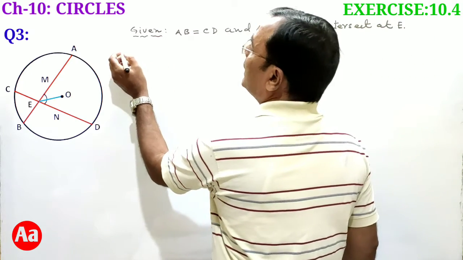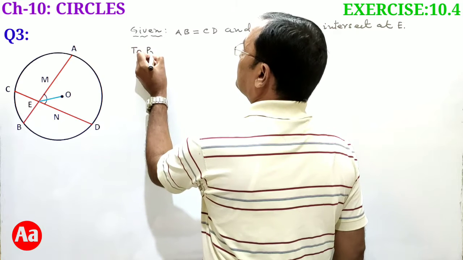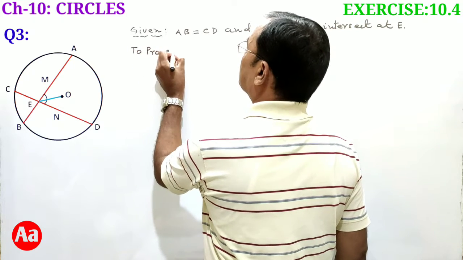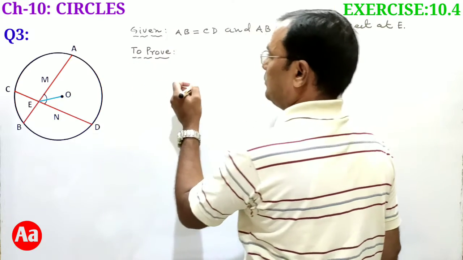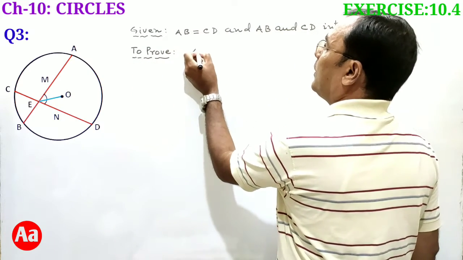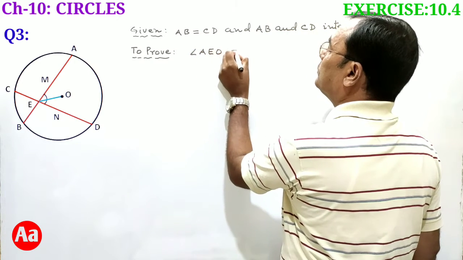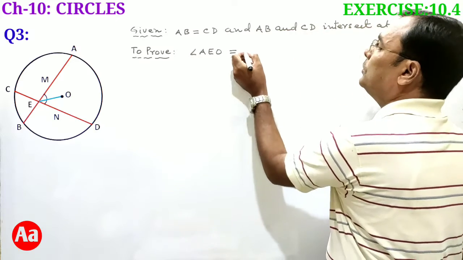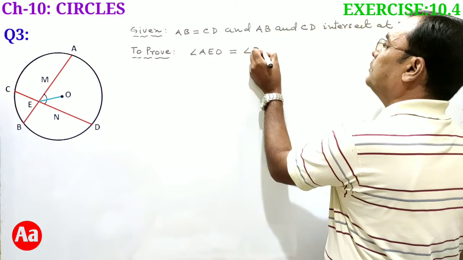We have to prove that angle AEO is equal to angle DEO.